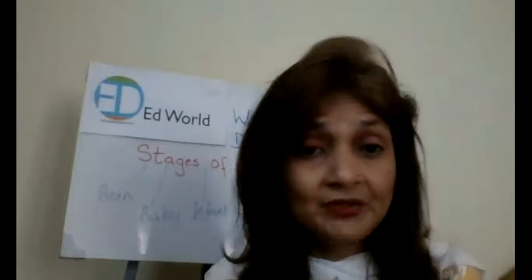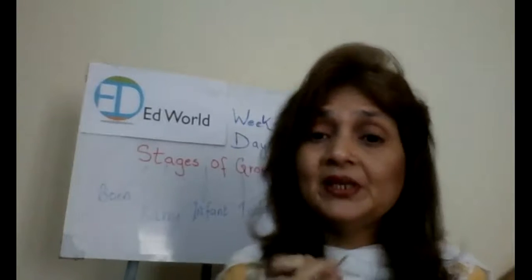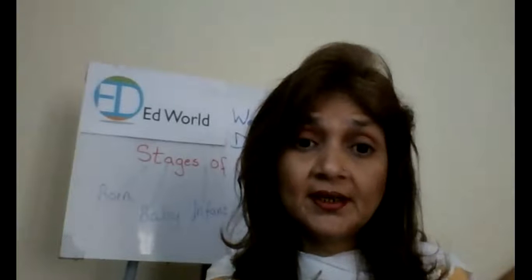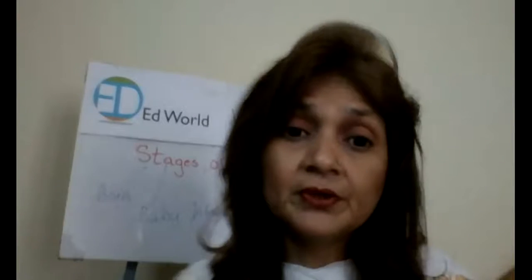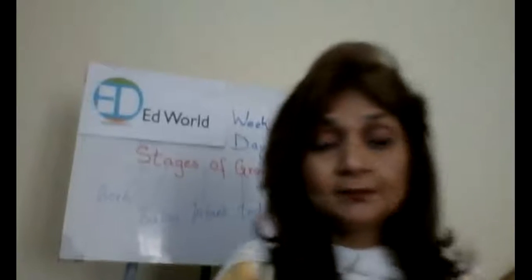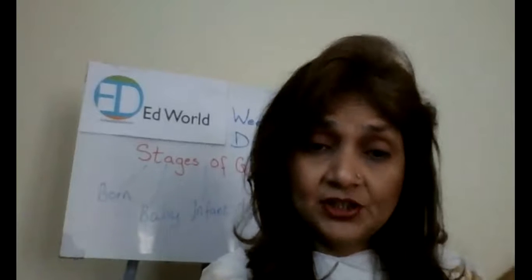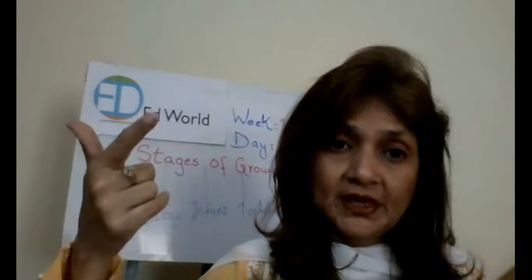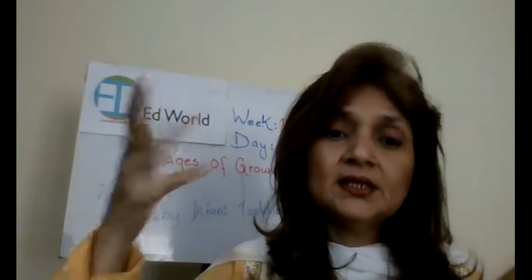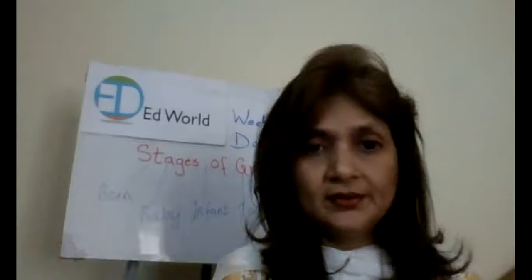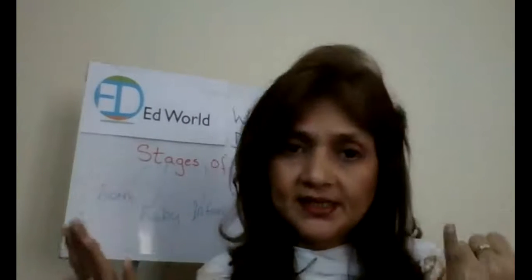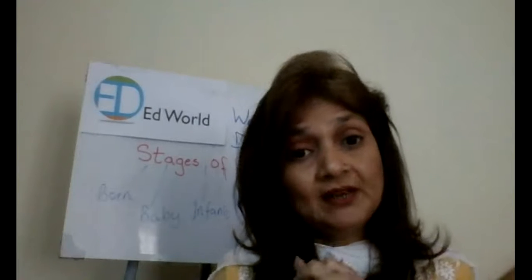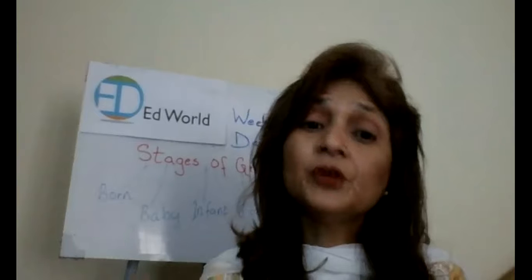So what we have learned in the class today is the stages of growing. How many different stages are there? What are the stages of growing of a child, of a baby? There are 6 stages: the baby is born, it becomes a baby, infant, toddler, teenager, and an adult. So the basic stages of growth of a baby are 6 stages. These are the stages of human beings.